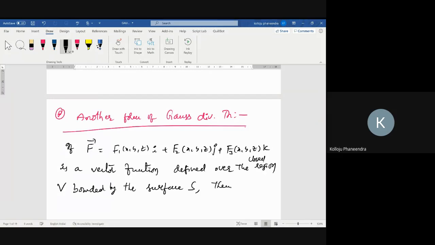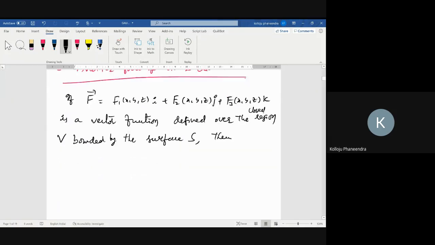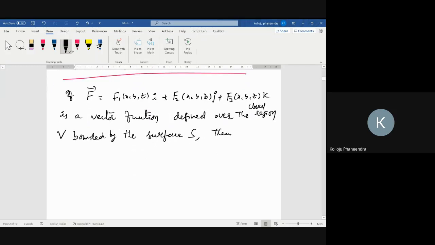Then see another structure. We have double integral over S of f bar dot n bar ds equal to triple integral over V of divergence f bar, nothing but del dot f bar dv.